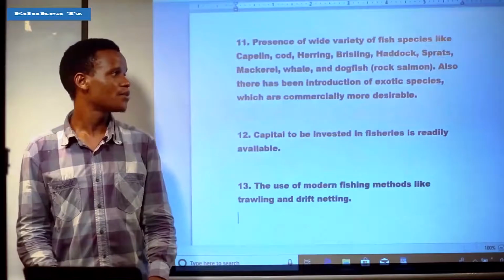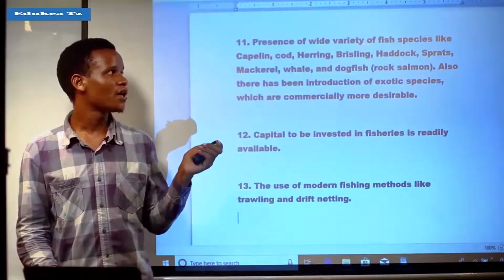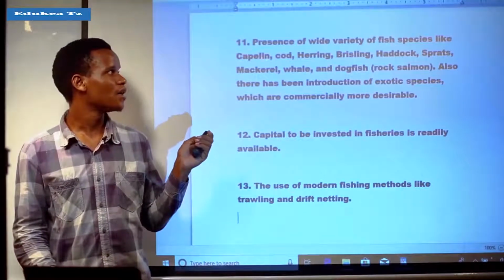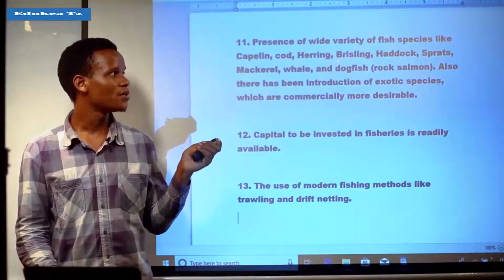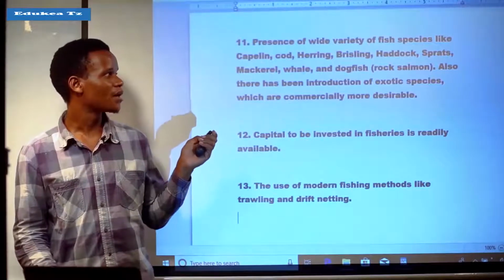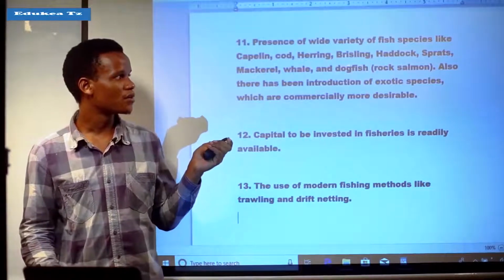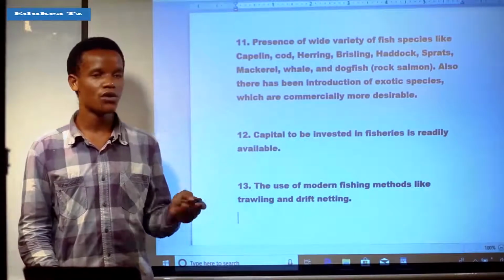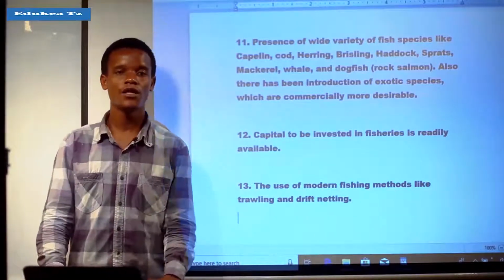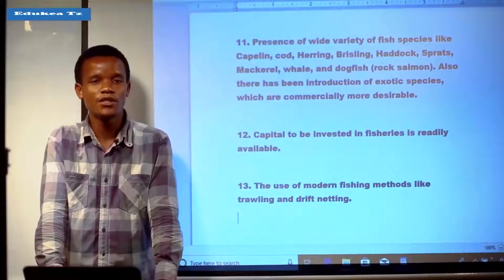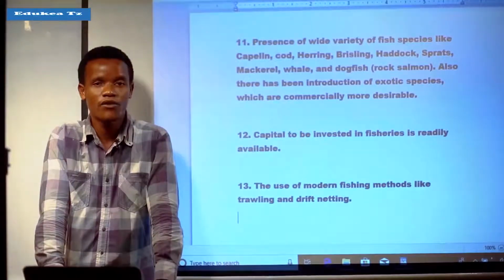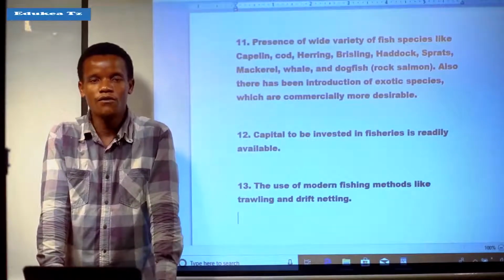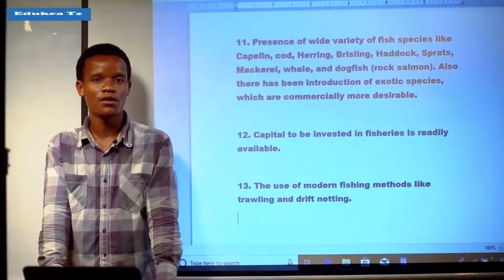Another point is the presence of a wide variety of fish species like capelin, cod, herring, bristling, haddock, sprats, mackerel, whale, and dogfish or rock salmon. The availability of many kinds of fish species also contributed much to the development of the fishing industry in Norway.